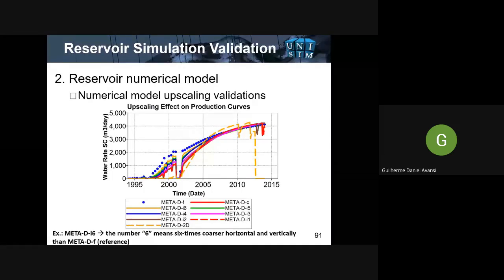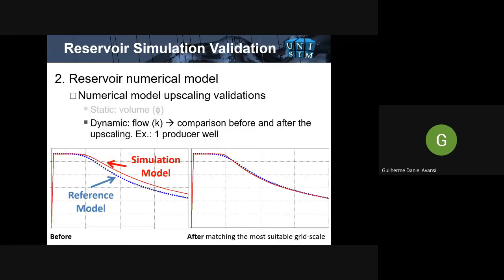So this is the validation that we need to be careful with. It's very important: you don't need to simulate all the wells that you have in the reservoir. You can just use one well in order to check and validate the simulation model. So here I'm just giving this example of how different the models can be using different grid cell resolutions in this simulation model.